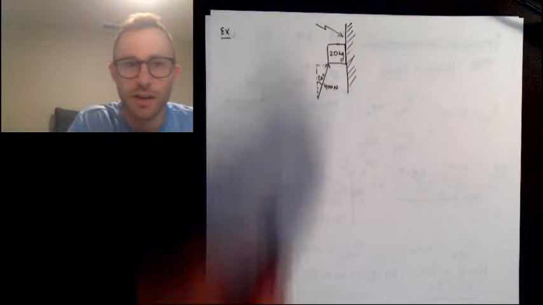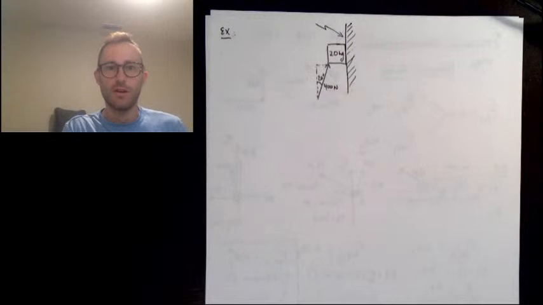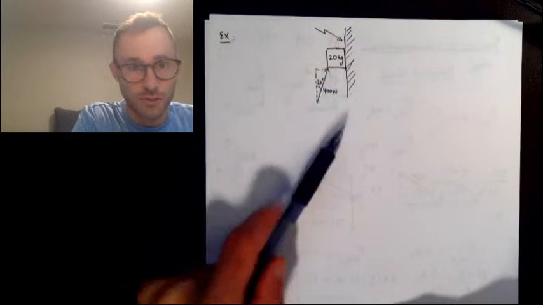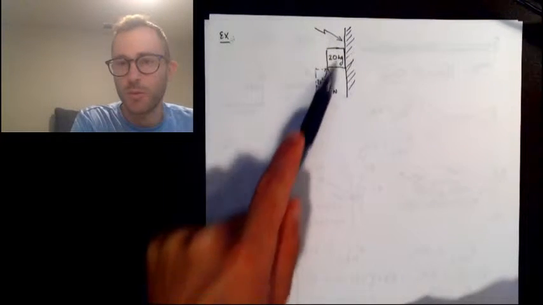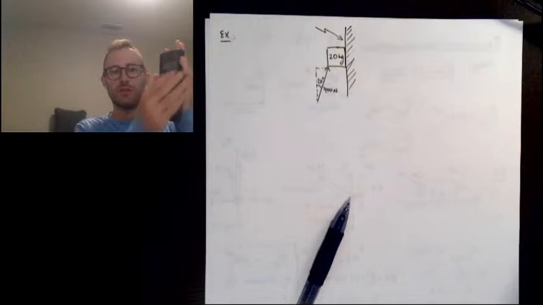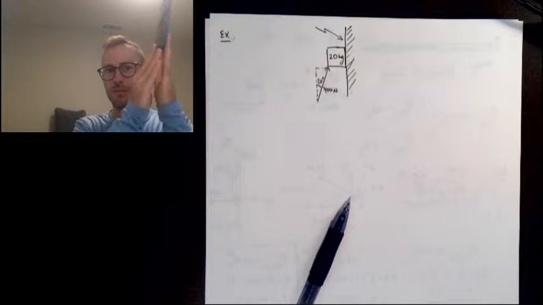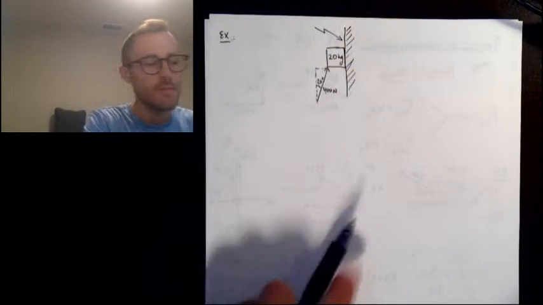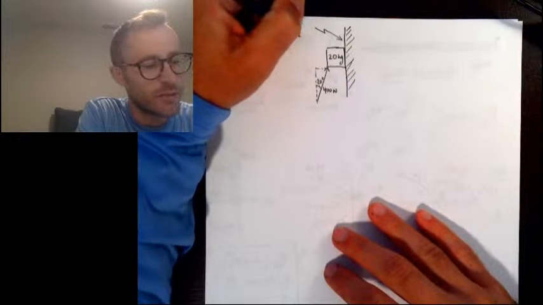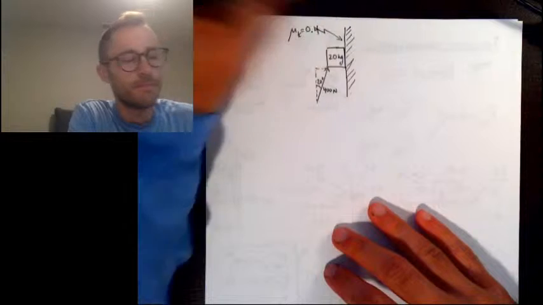So the box is not going to move in the x direction, it's going to slide in the y direction. Probably the box is going to slide upward because 400 newtons is much greater than the weight force. It's kind of like you're doing something like this. Here's the box, and you're pushing it, and it's sliding up like that. We're going to say that the coefficient of kinetic friction is 0.4. Okay?